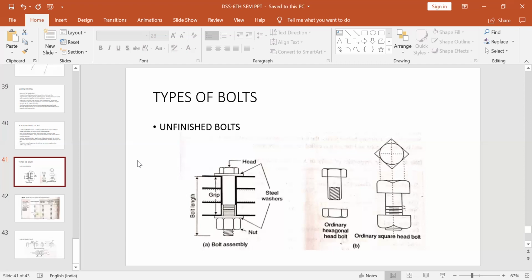Whenever it is a lap joint or a butt joint, the load is transferred through shear. So based on that, your connections will be designed. Sometimes they are tension connections, when the load is transferred by tension on bolts, like in hanger connections, and combined tension and shear connections.